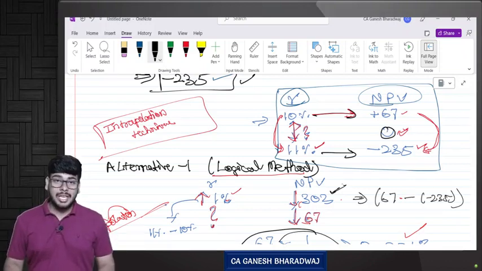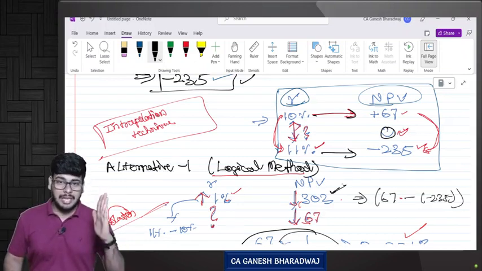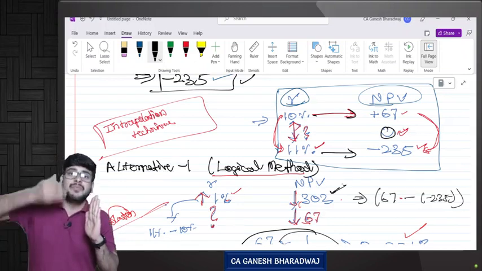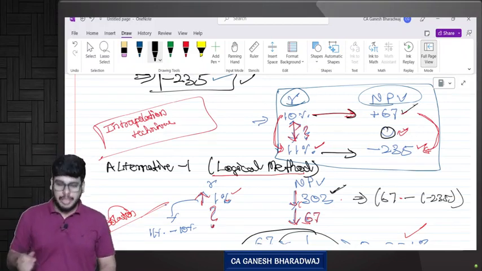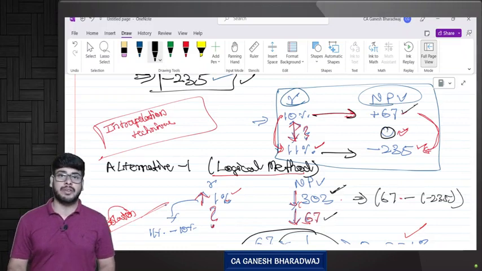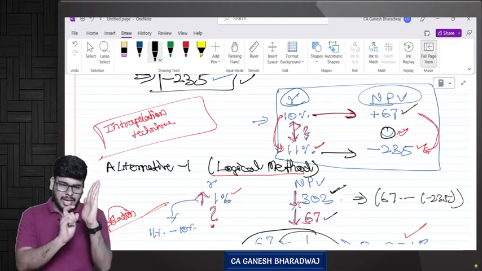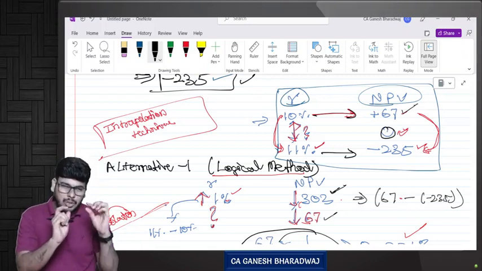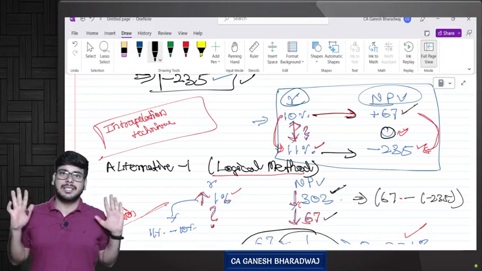Now I know that my IRR is 10% plus something. So we already have 10%. Further, we want our NPV to drop only by 67. Why? Currently at 10% it is positive 67. I should increase my rate to some proportion so that the fallen NPV is exactly 67 rupees.